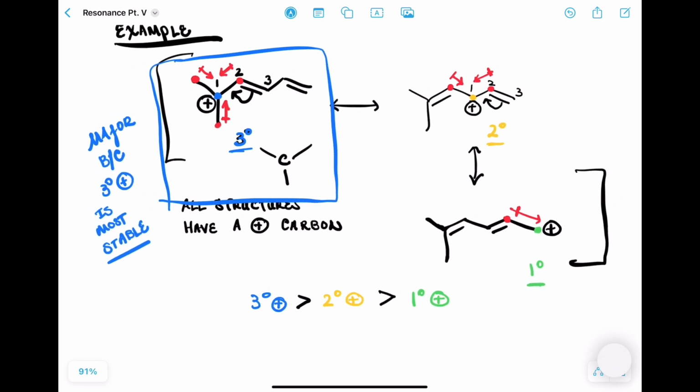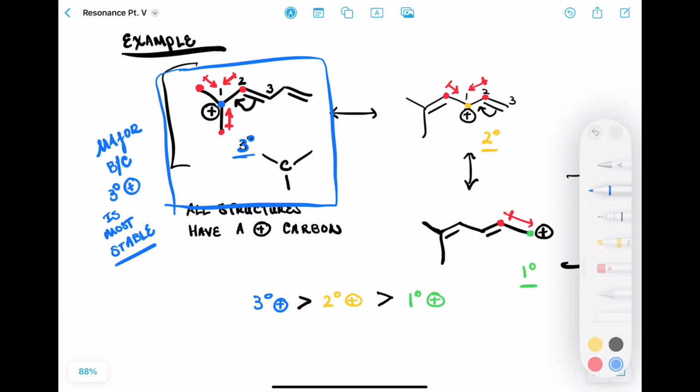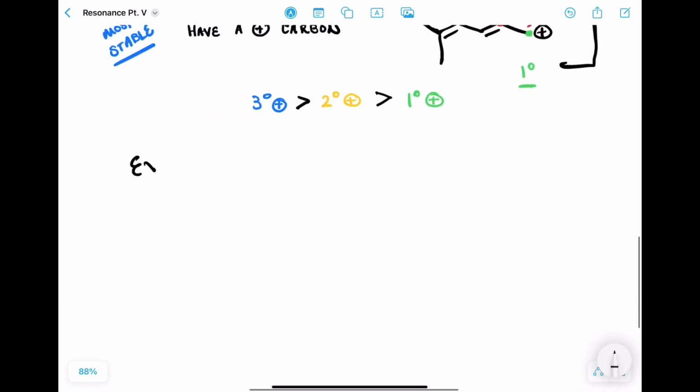Now, let's look at a slightly different example with similar principles. So here is another example. And this time, instead of a positive charge, we're going to have a negative charge on this carbon.